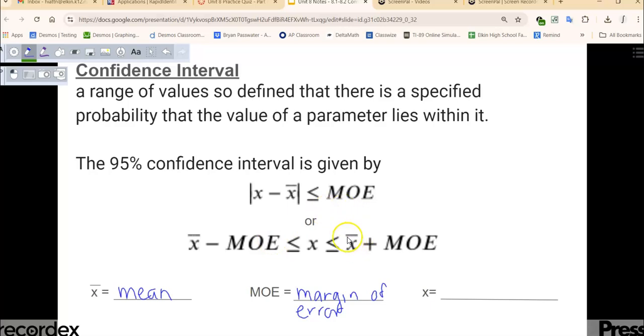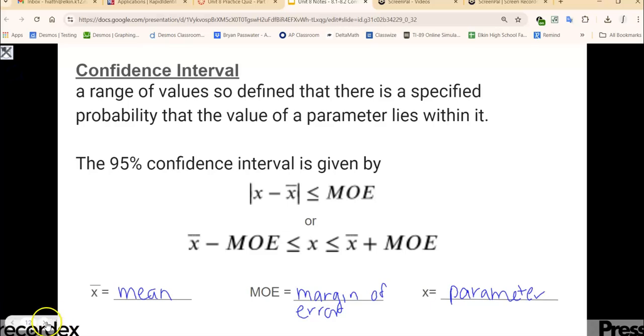And then you take your mean or your average and you add the margin of error, and that will give you your upper values for your confidence interval. And in this case, X, which is going to be your parameter, lies in between, and that parameter is just whatever you're trying to measure there.